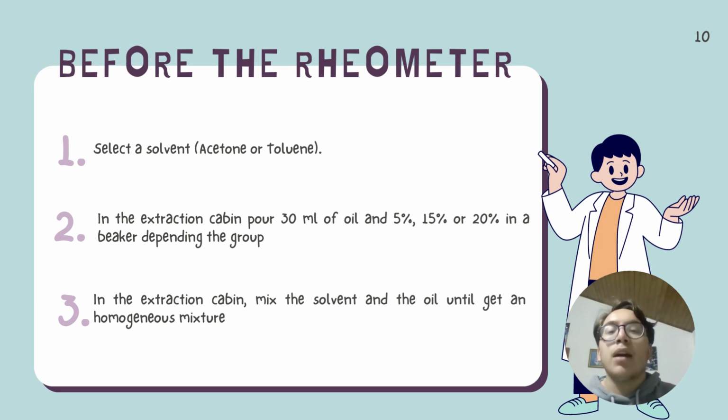Second, in the extraction cabin we pour 30 milliliters of oil and 5, 10 or 20% of the volume of the oil of solvent in a beaker, depending on the group. In our case it was 5%. And finally, in the extraction cabin, we mix the solvent and the oil until we get a homogeneous mixture.